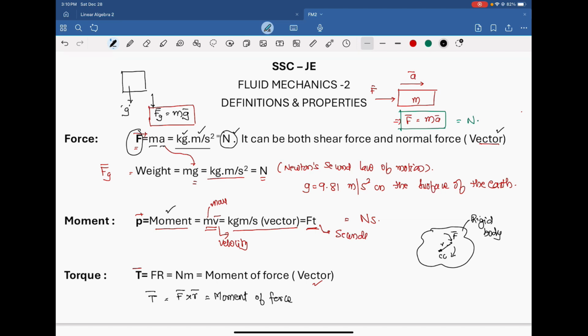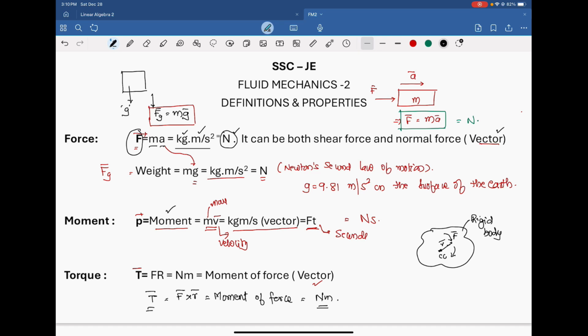That momentum is due to mass and velocity. This moment is due to force. This moment of force is F times r, where F is in Newton and r is in meter, the distance between the applied force and the center of gravity. The units of torque are Newton meter.